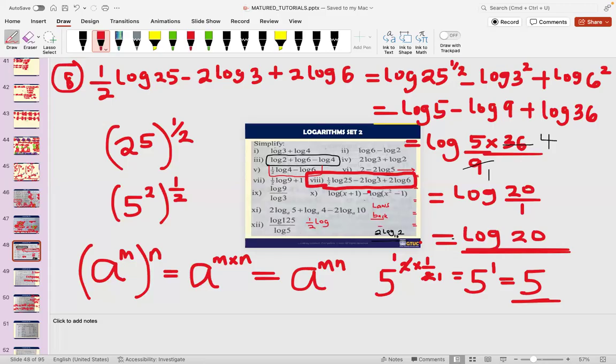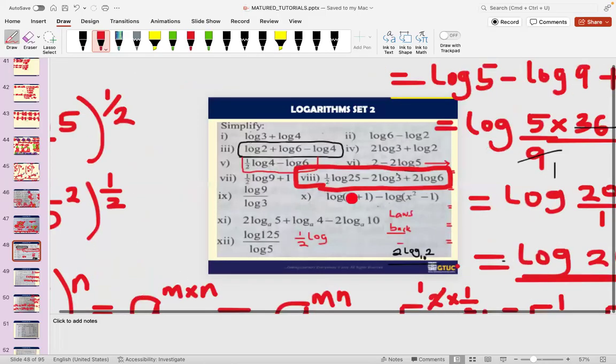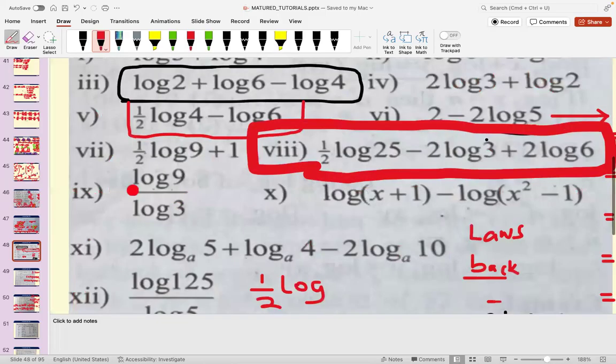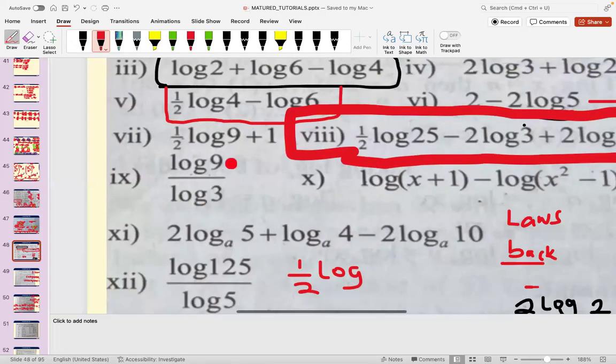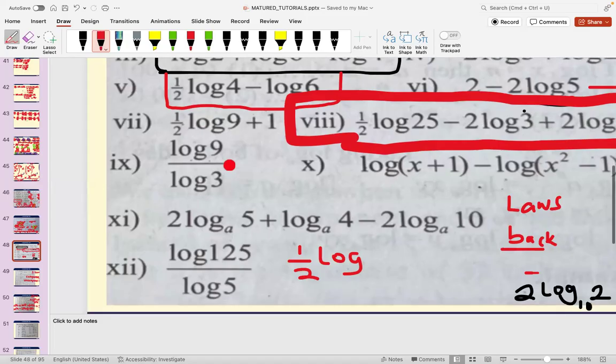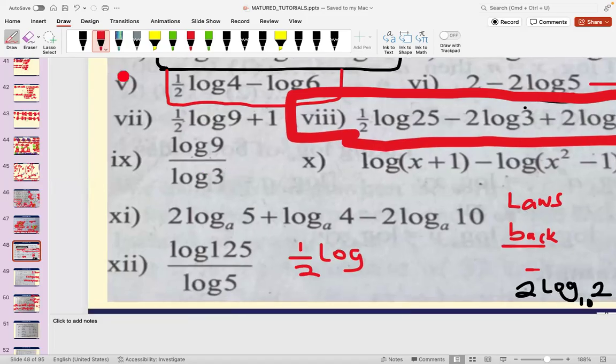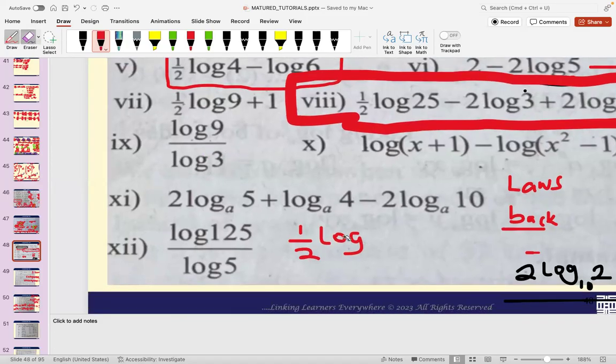Let's continue. So we are now at the ninth one, log 9 over log 3. Log 9 over log 3. So let's see how we can simplify this one to your amazement. And we'll follow just some few steps.